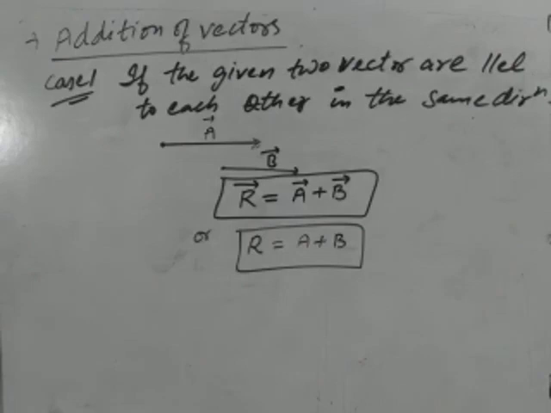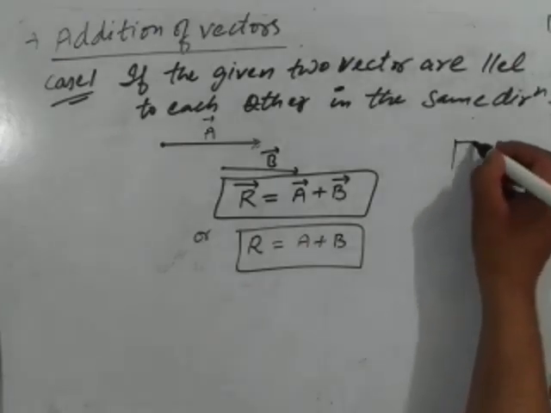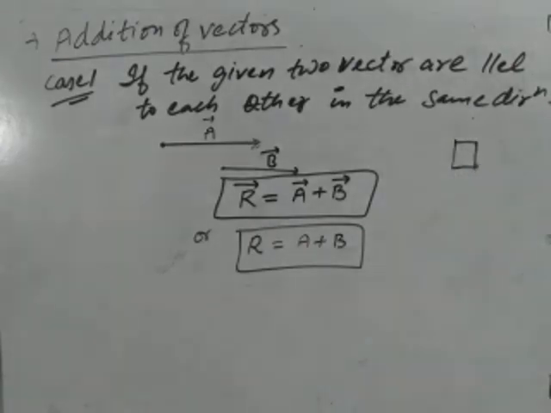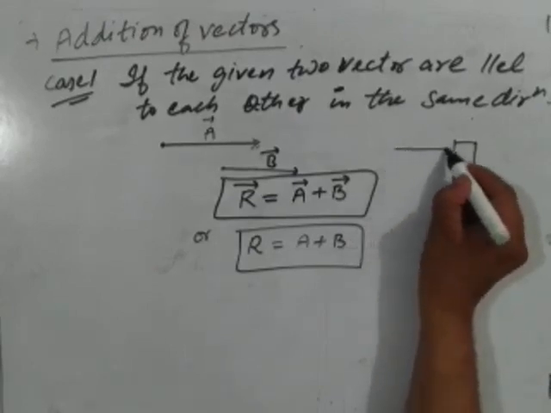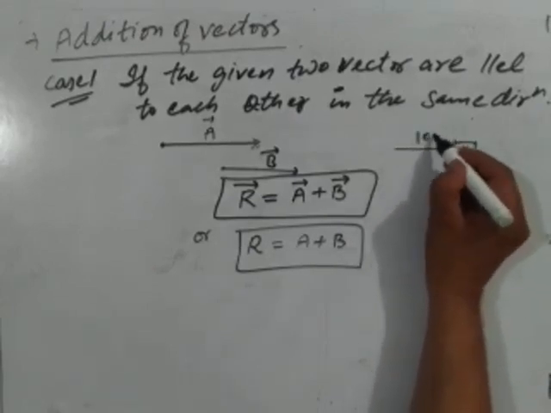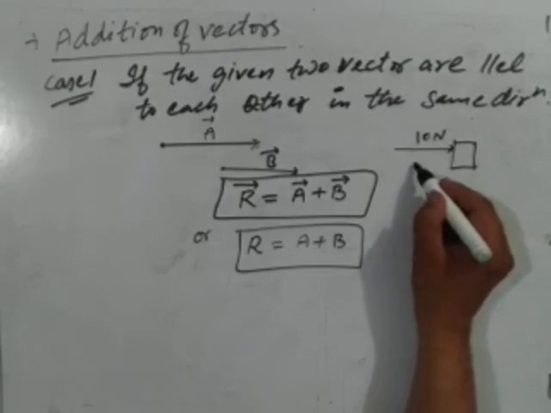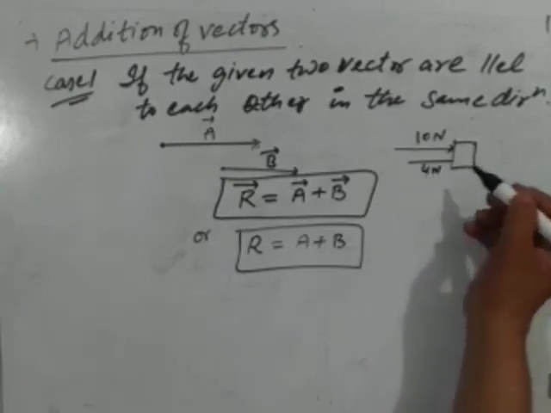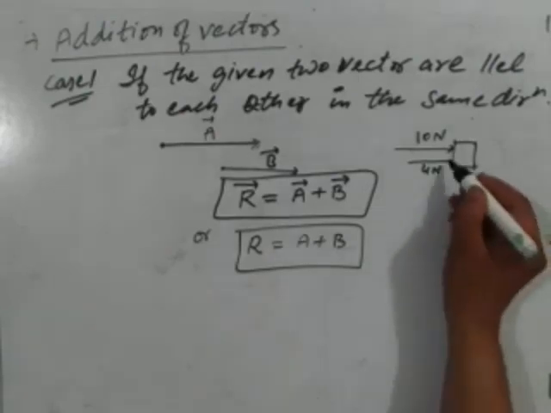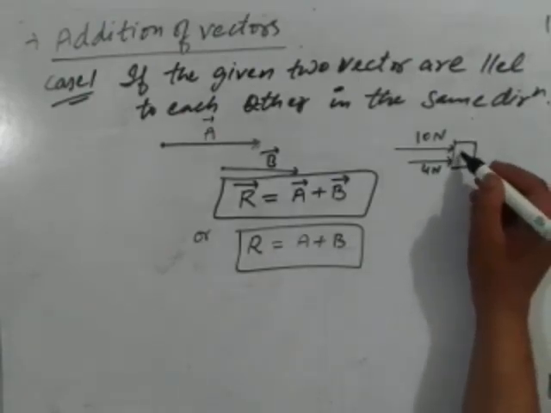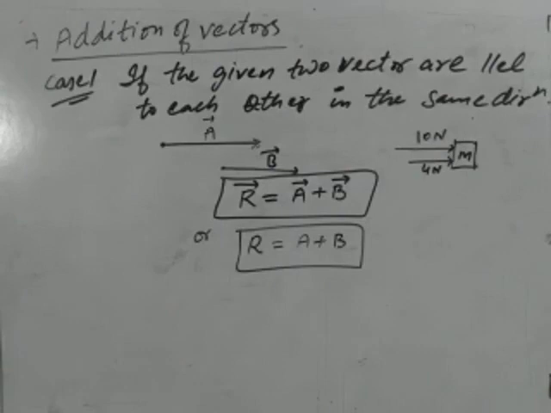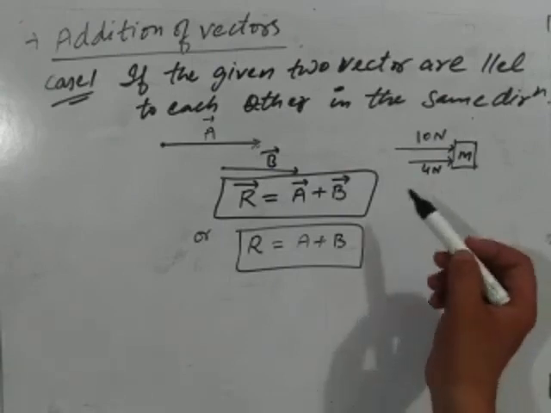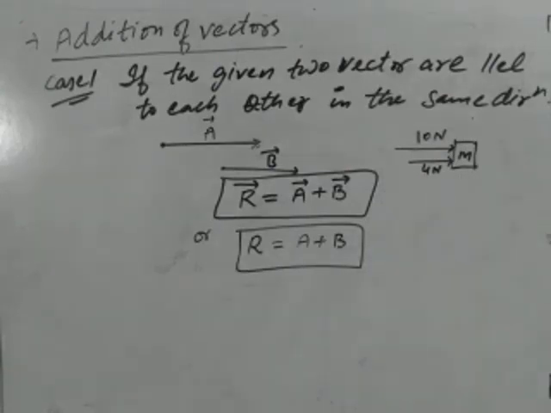We can take an example. If this is an object lying somewhere and a force of 10 Newton and another force of 4 Newton are applied on the object of any mass m, then what is the net amount of force acting on this object?